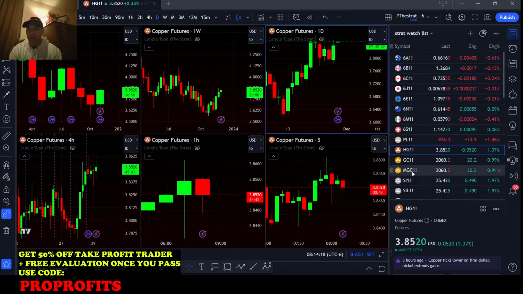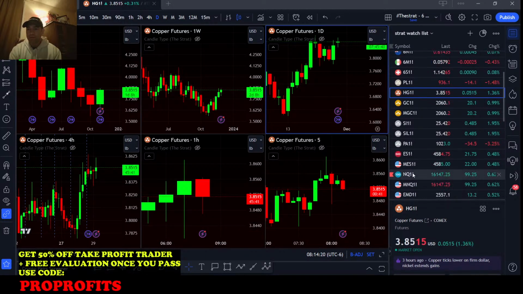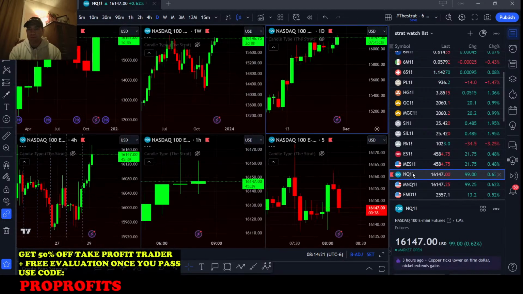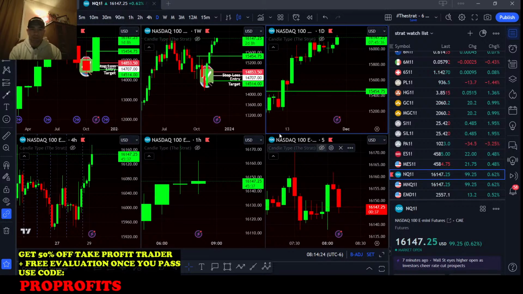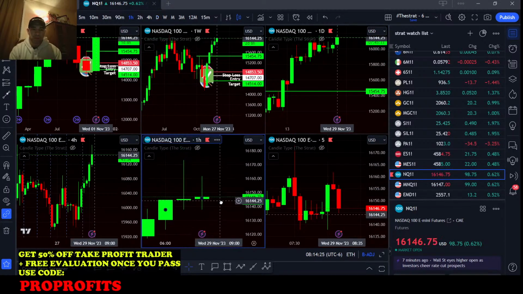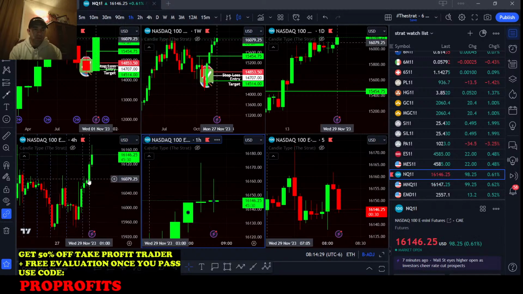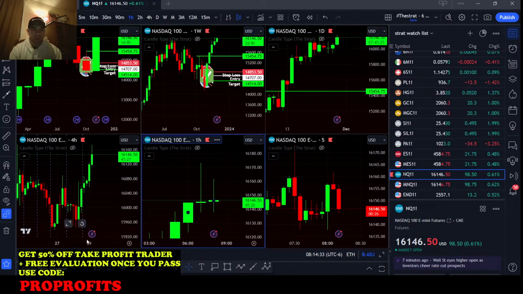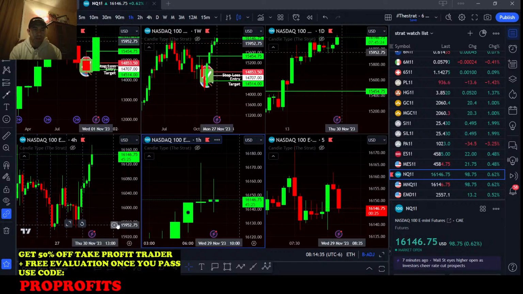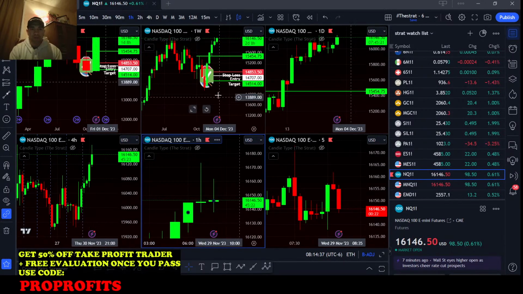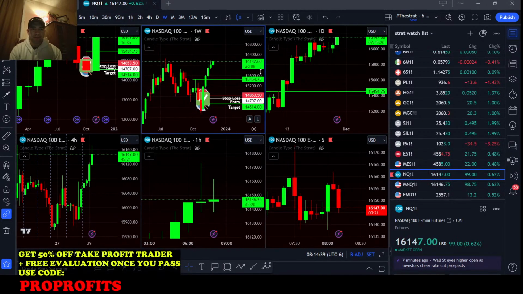Let's look at the NASDAQ. So really bullish start to the Globex session for the NASDAQ. Couple really bullish candles.